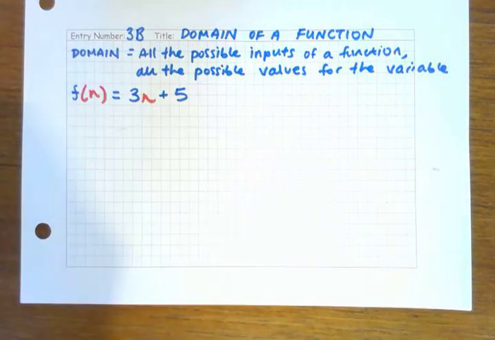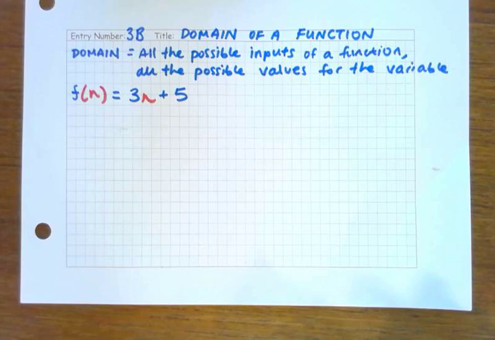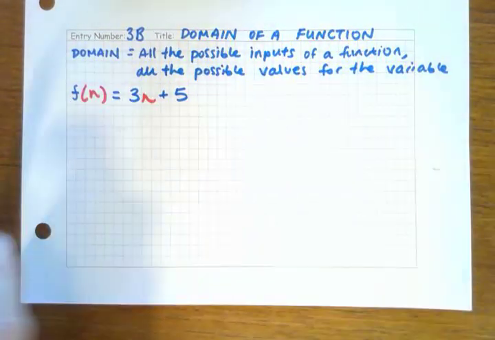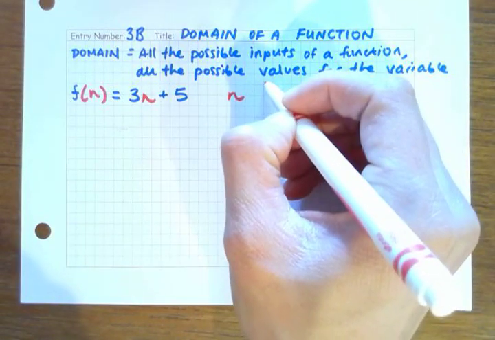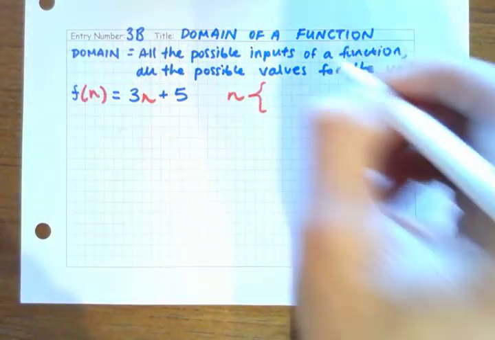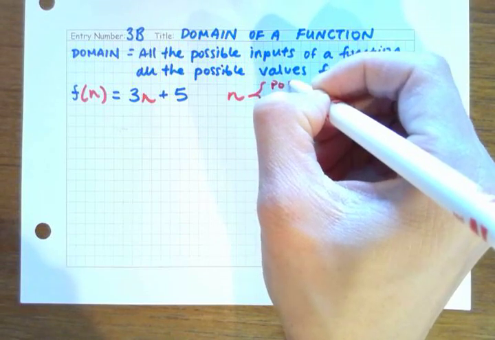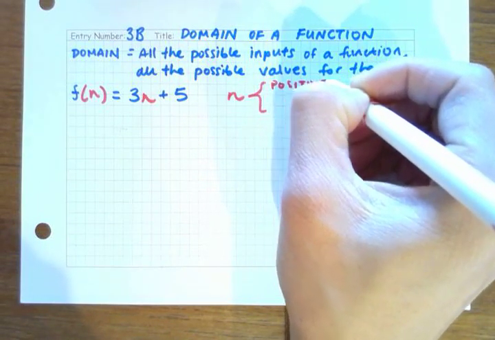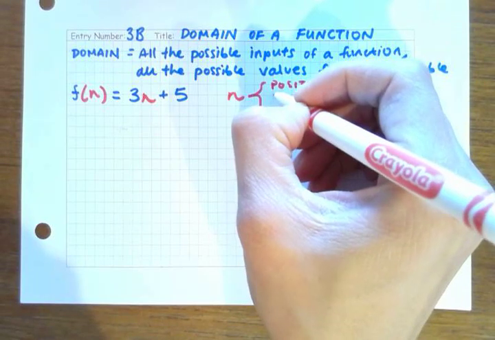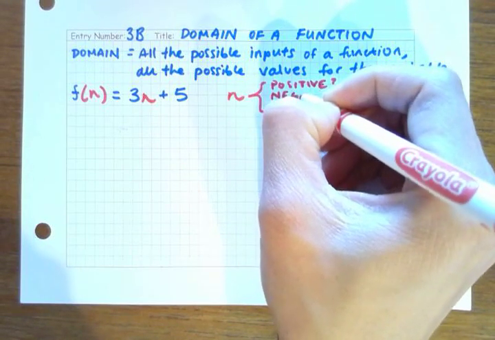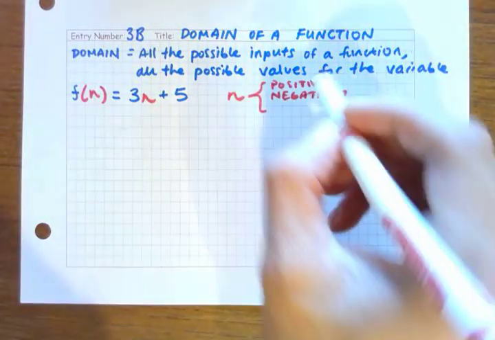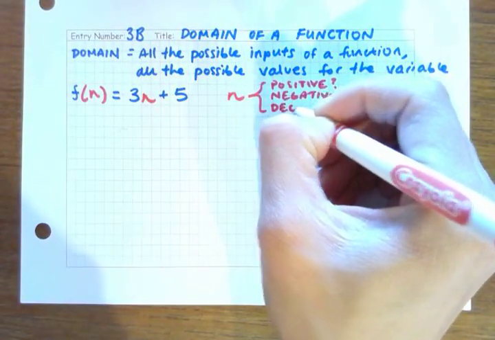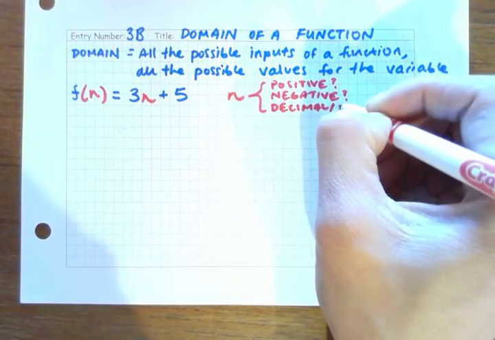And so the bank of numbers that you can choose from, you can think of them as being, so can n be positive? Can n be negative? Can it be a decimal or a fraction?